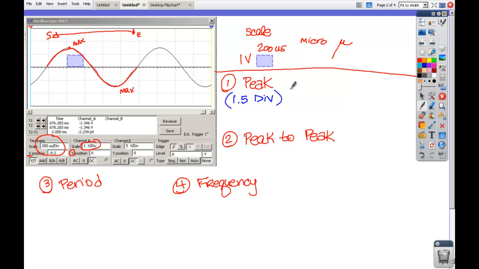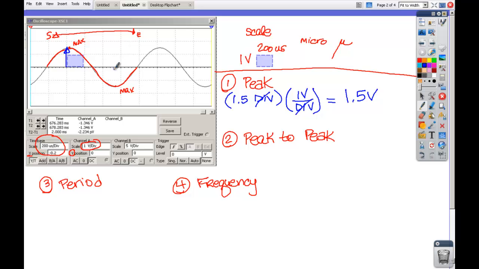Each division is 1 volt per division. So 1.5 times 1 is going to give me 1.5 volts for peak. So I know it's 1.5 up.